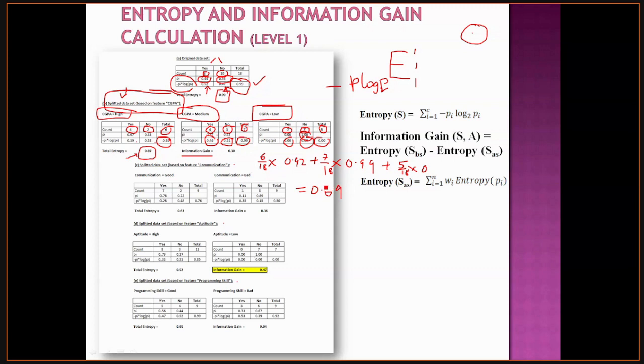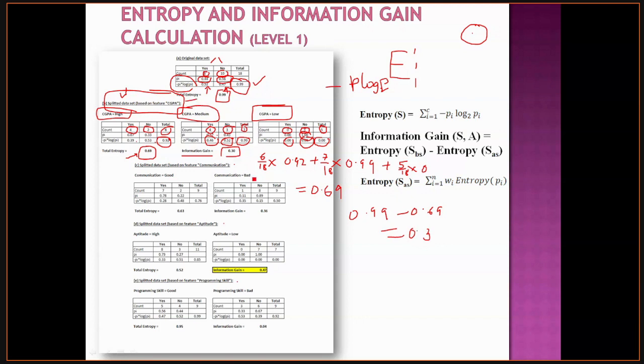What is the information gain? Because that's why I have a reduced entropy. My variability has reduced. So what is my information gain? 0.99 minus 0.69, which is 0.3. This is the information gain if I go by the split on CGPA.